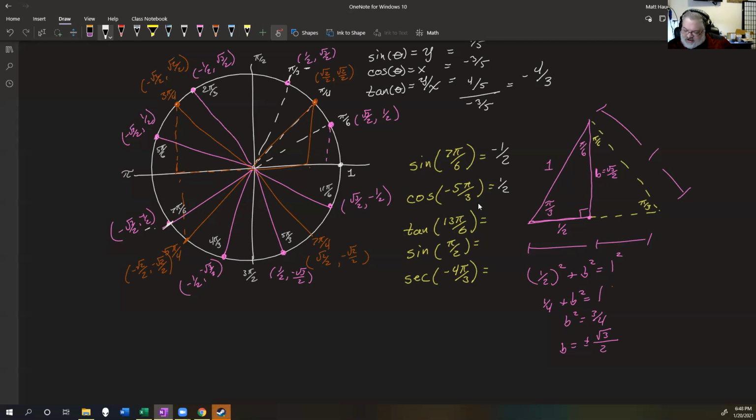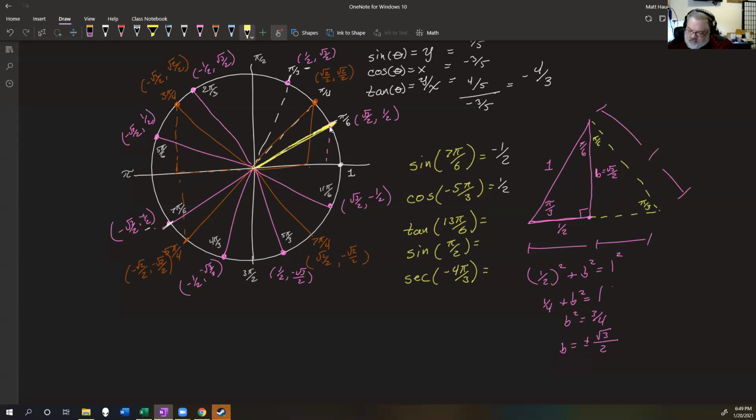A little bit harder. Tangents are always a little bit harder. Tangent of 13 pi over 6. What quadrant is that in? Quadrant 1. 12 pi over 6 is 1 rotation, so 13 pi over 6 is 1 more. So we are coterminal to pi over 6.